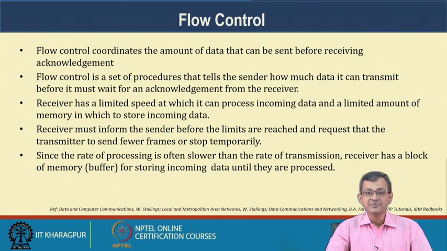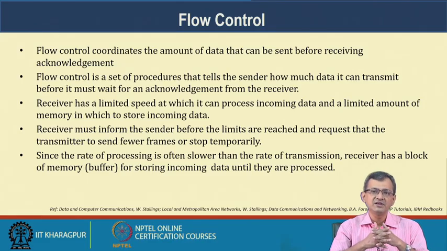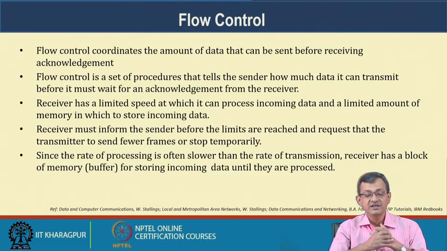The receiver has a limited speed at which it can process incoming data and a limited amount of memory in which to store the incoming data. So, the receiving end has a limited speed at which it can receive, and it can store only some of the data. The receiver must inform the sender before the limits are reached and request the transmitter to send fewer frames or stop temporarily.